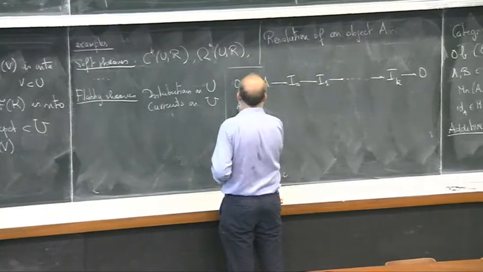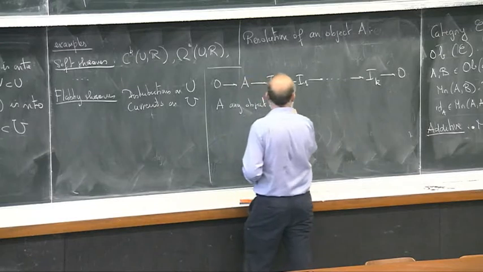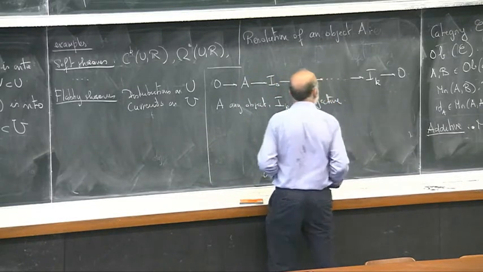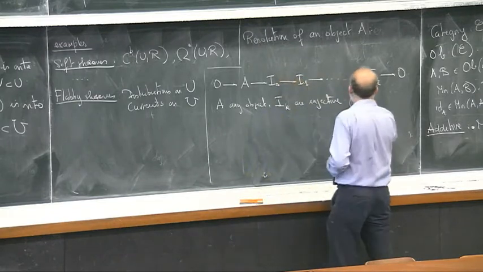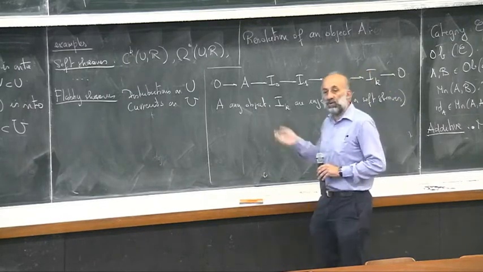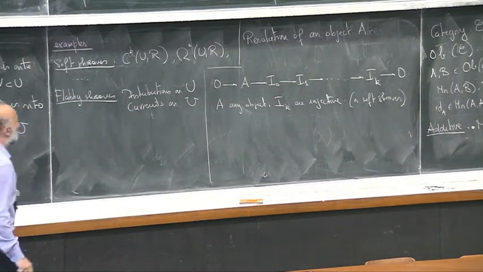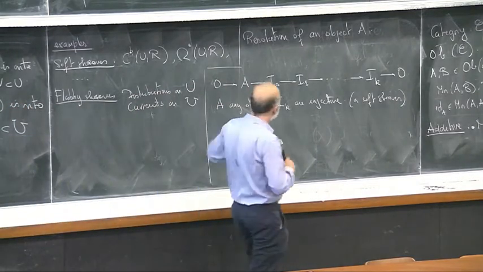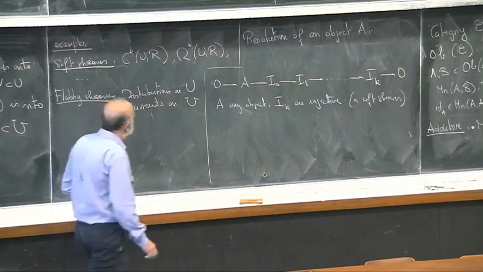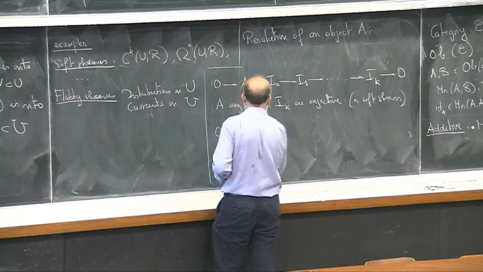So A is just any object, and the I^k are injective. But if you don't like injective, let's say you want to stick to the category of sheaves, then you just take the I^k to be soft sheaves. Or flabby for this reason, but in our situation, it will be soft. And then what do you do? Well, you look at this sequence here. You have a functor F.